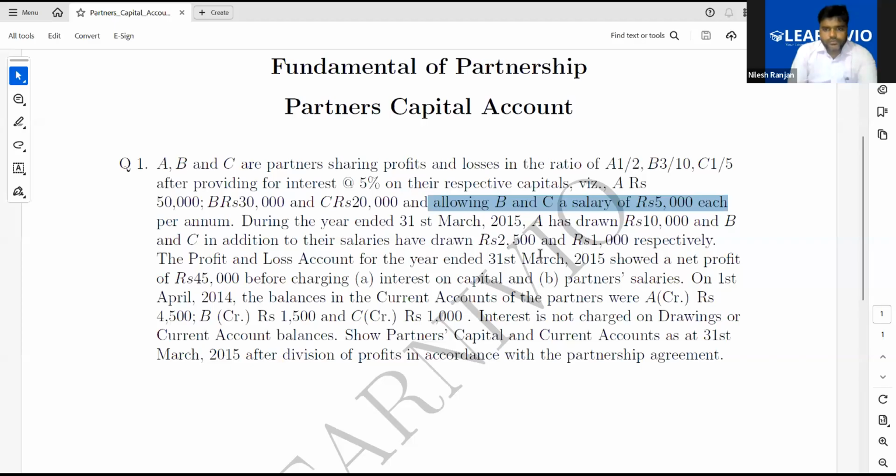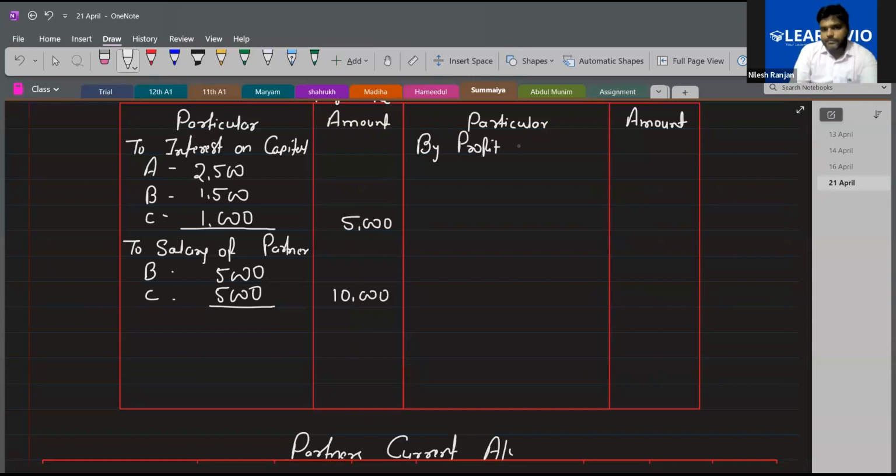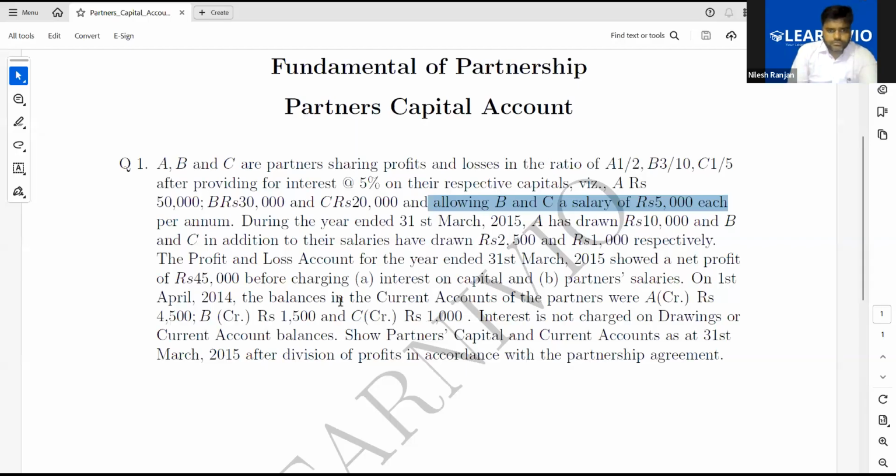After this, the profit and loss account for the year ended 31st March 2015 shows a net profit of 45,000. So net profit is 45,000. We will write here by profit and loss account, 45,000. On 1st April 2014, the balance in the current account of all three has credit balance 4,500, 1,500, 1,000.